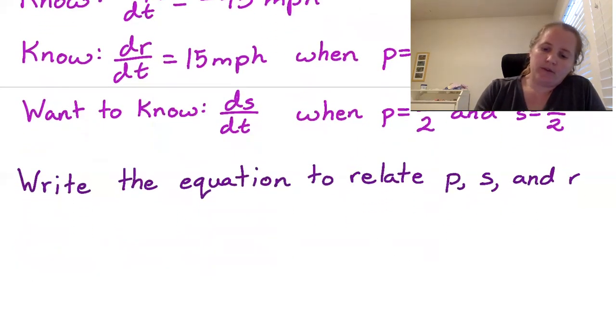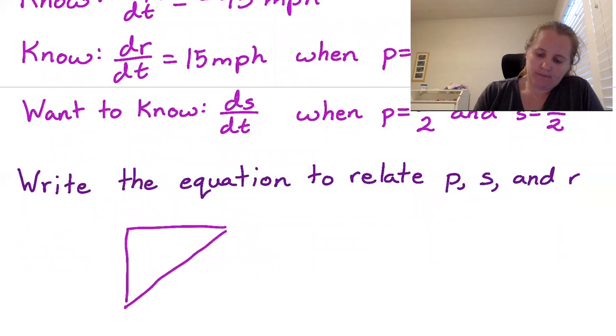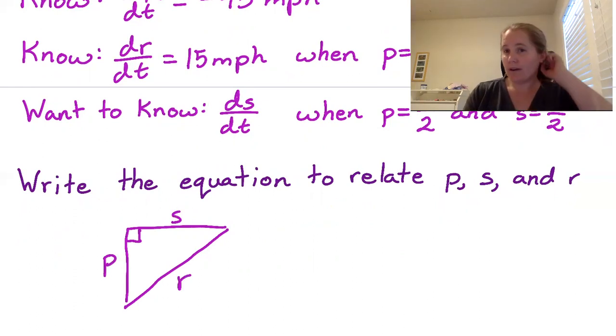So again, if we zero in on what we were focusing on, we have a right triangle with P, S, and R. And these are the length of the sides and the hypotenuse.